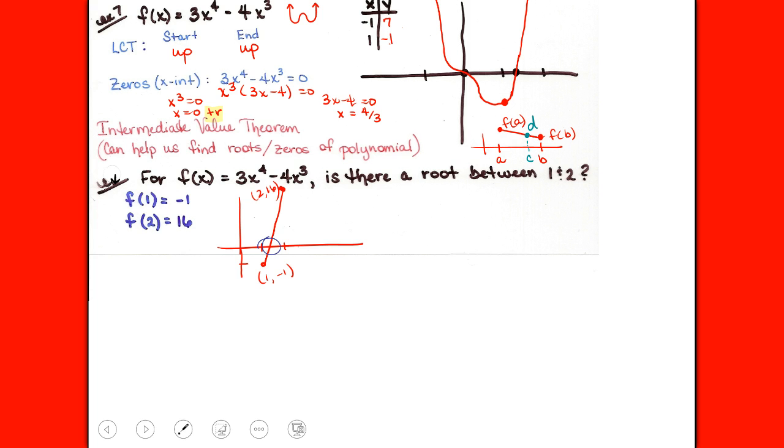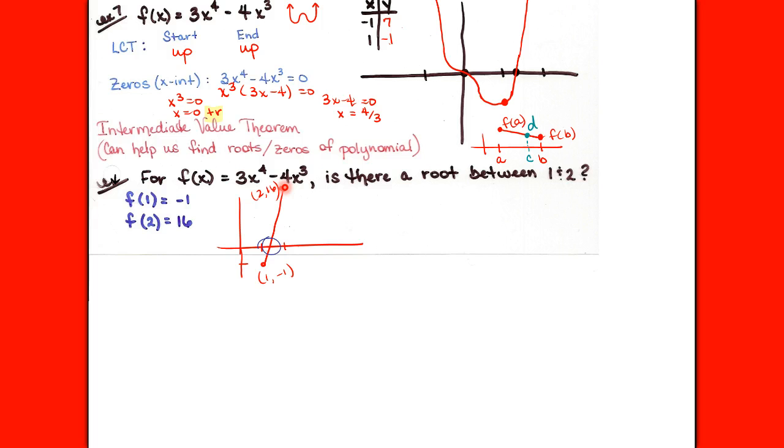I cannot go from a positive 16 to a negative 1 without going through 0, right? You can't switch from a positive y value to a negative y value without going through 0, right? Same thing would be true in the reverse. You can't go from a negative y value to a positive y value without going through 0.